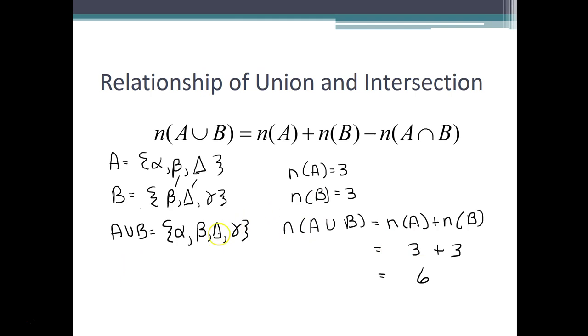So what we got to do is look at, well, how many is in the intersection? We see beta and delta. And there's 2 items in the intersection. Cardinal number of the intersection is 2. So we got to subtract out the number of items in the intersection.